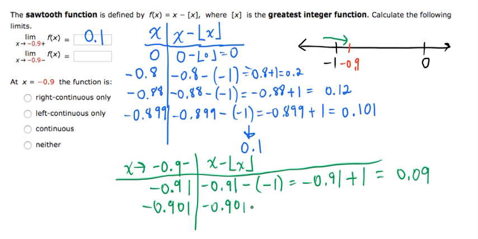This is going to become the same thing. Plus 1 will be positive 0.099. So those are also going to approach 0.1, I believe, which would mean the function is just plain old continuous at that point.